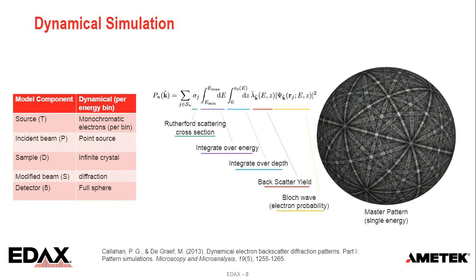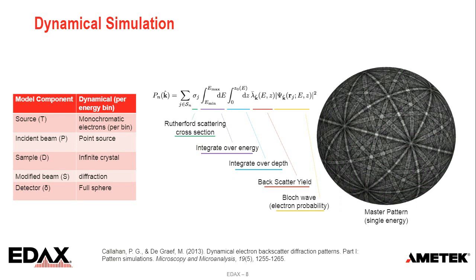And then the next part is the actual diffraction simulation. This uses a Bloch wave approach to generate what is called the master pattern in the paper. This is basically, for each crystal direction, what is the diffracted intensity relative to some input.